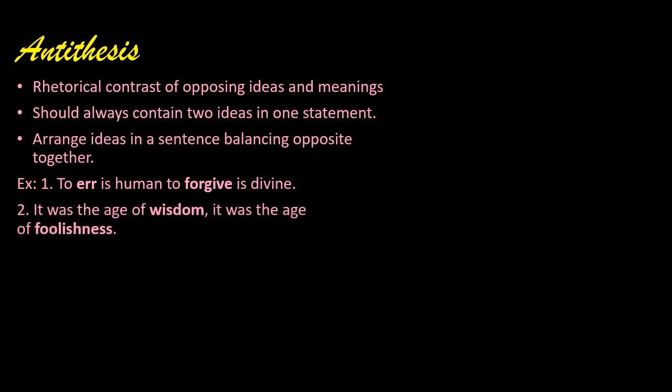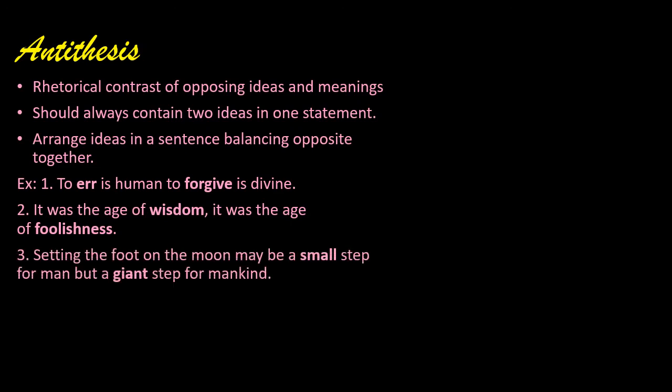That is why it is antithesis. Second statement, it was the age of wisdom, it was the age of foolishness. As you can see, wisdom and foolishness are again opposite ideas, and in any age wisdom and foolishness will be there. It's in a balanced form here. That is why it is antithesis.